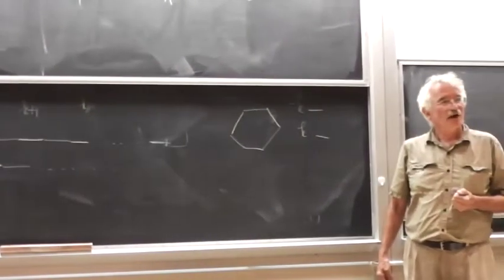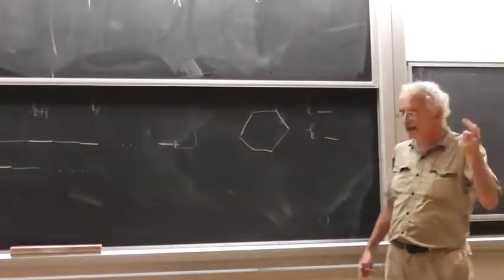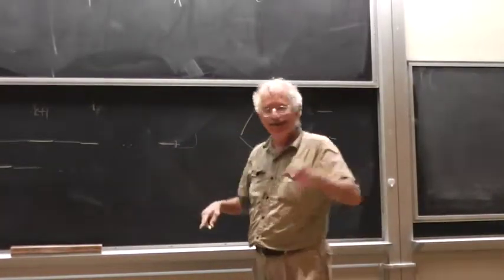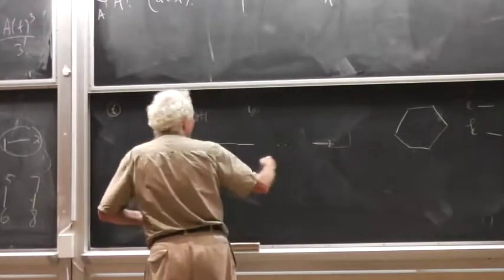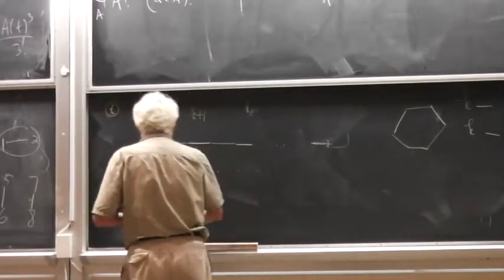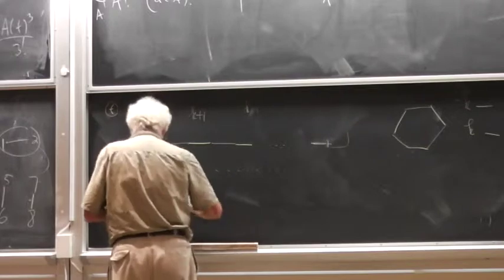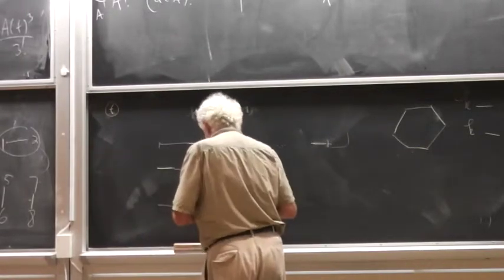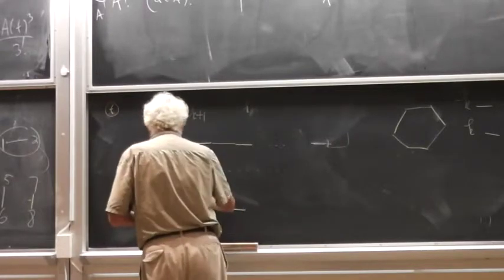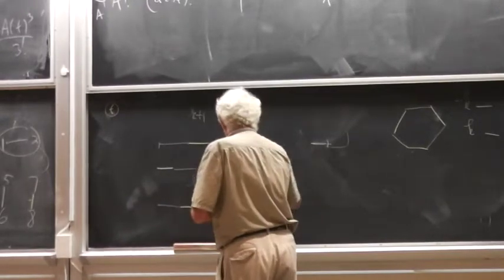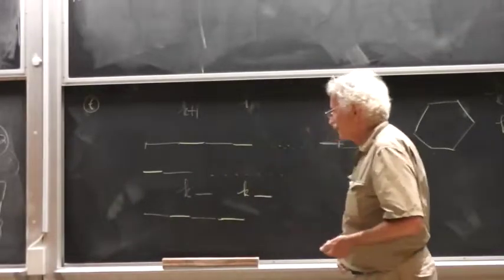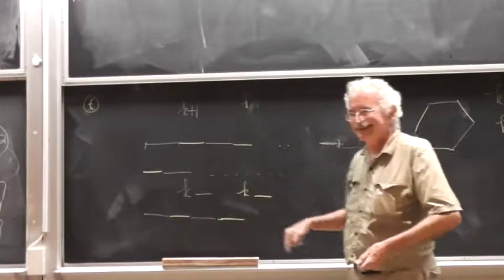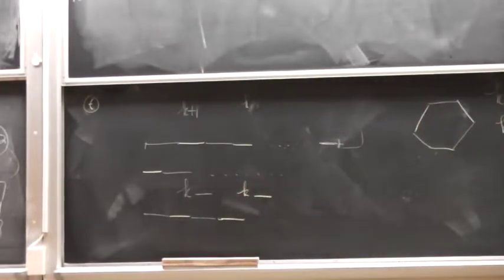Oh, even, yes. Sorry, I forgot. Thank you. So in this case, it could be even, right? Here we have K whites and K yellows, and it's the same if you do it backwards.